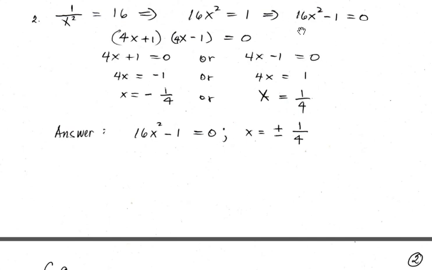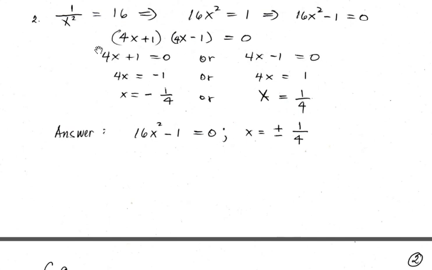This side of the equation is actually the difference of two perfect squares. So we can rewrite this one as quantity 4x squared minus 1 squared, or just simply 1. Then equate it to 0. Factors of this left-hand side are 4x plus 1 and 4x minus 1, and equate it to 0.